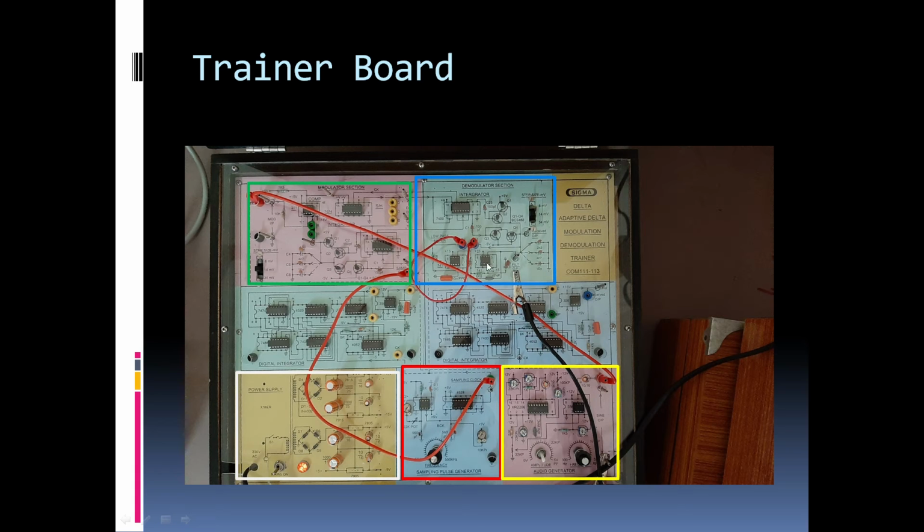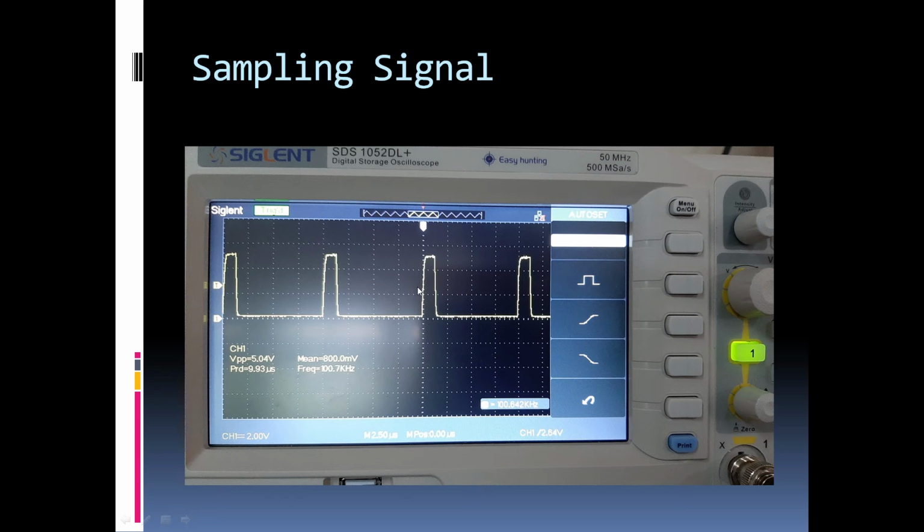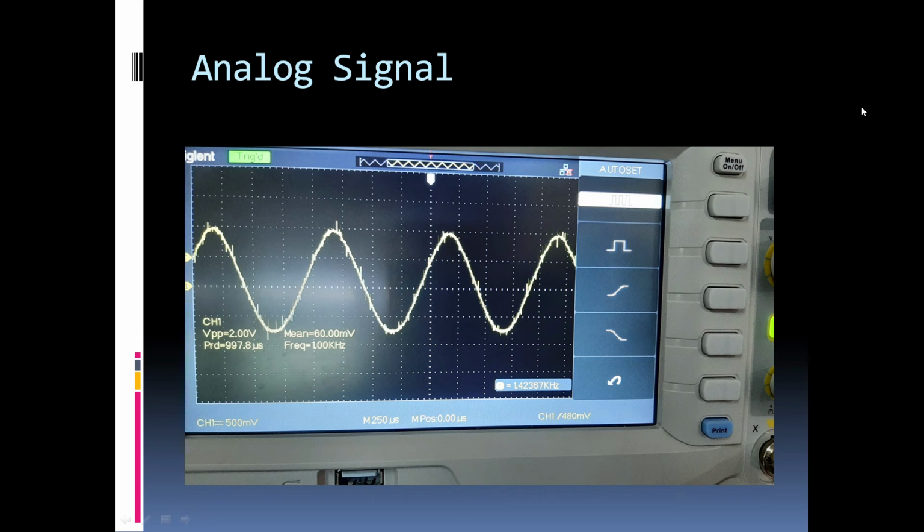And now let us see the various waveforms that we observed during the experiment. The sampling pulse generator generates a pulse train, and during our experiment the frequency was set to approximately 100 kilohertz.